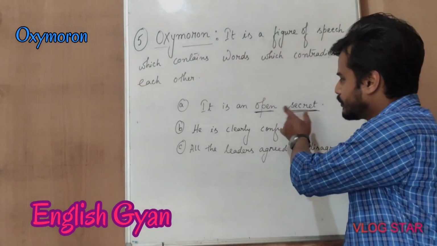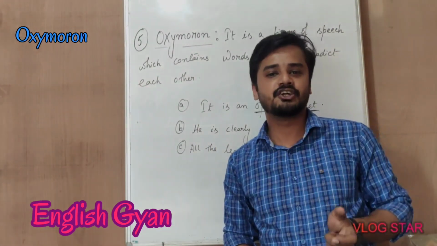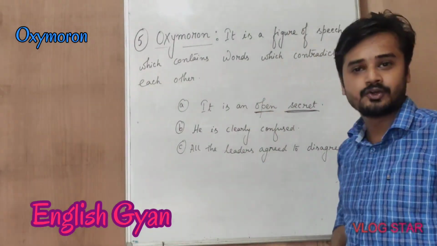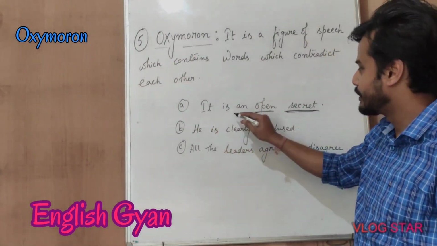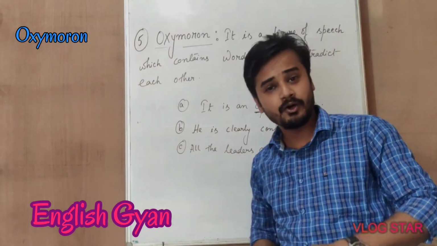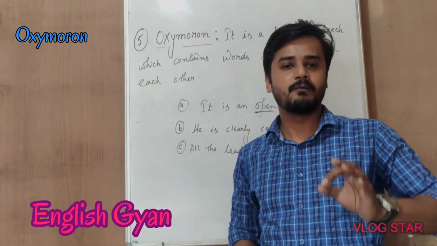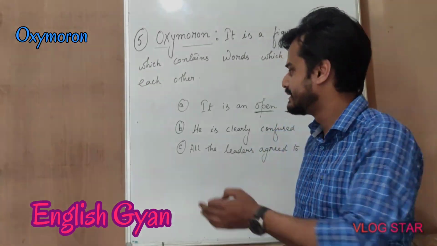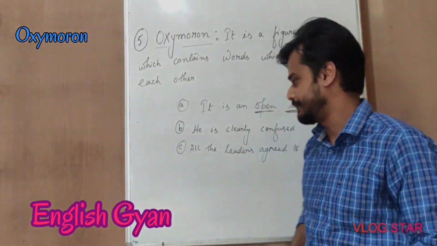So these two words contradict each other, but they are used in such a way to give the meaning that we are talking about a secret about which everyone is aware of. So this is an example of oxymoron.